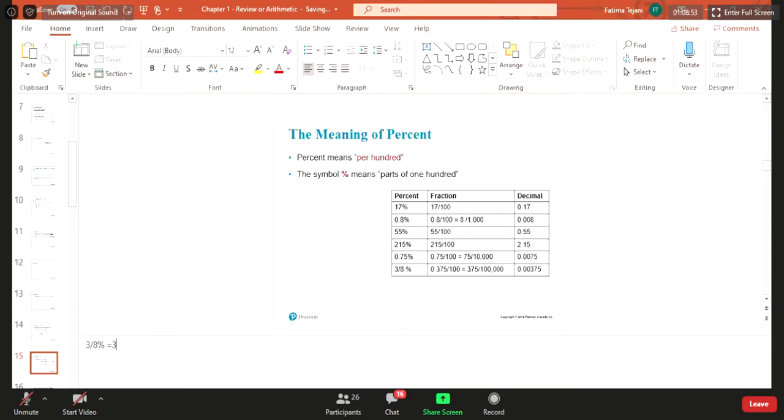So 3 divided by 8%, so 3 divided by 800. What is the value? If you just calculate that, the decimal value is the same, 0.00375. So this is as simple as that. This is not very difficult.